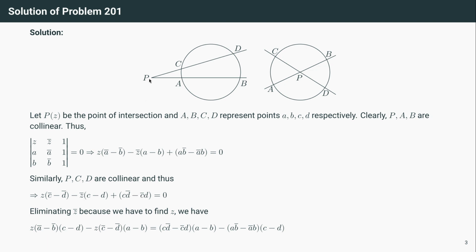Now we want to find z, not z bar, so it's best we eliminate z bar. By eliminating z bar, we arrive at z into (a bar minus b bar) into (c minus d) minus z (c bar minus d bar) into (a minus b) is equal to (c d bar minus c bar d) into (a minus b) minus (a b bar minus a bar b) into (c minus d).